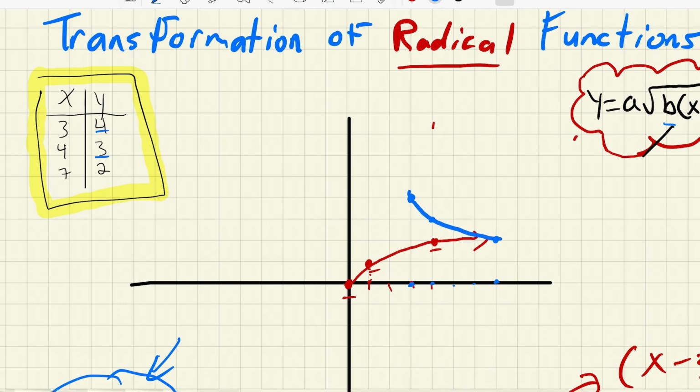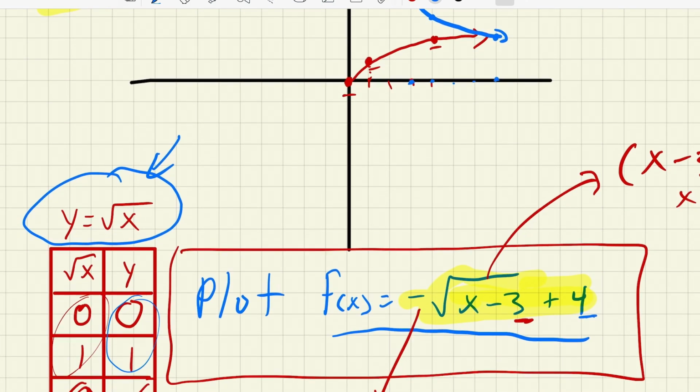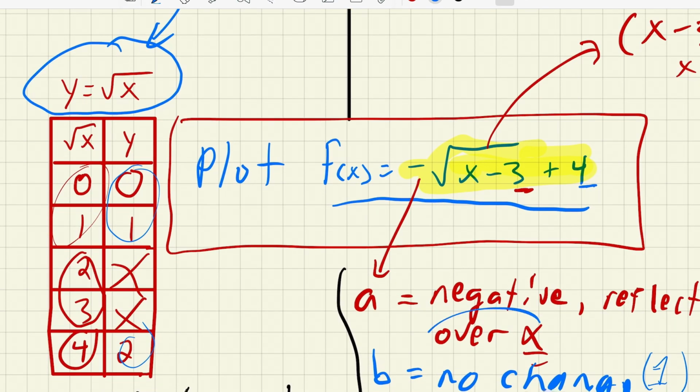Now you can see that it's facing the opposite way. While the red function concaves up, the blue graph concaves down, right? And the reason for that is because there's been a reflection over the x.